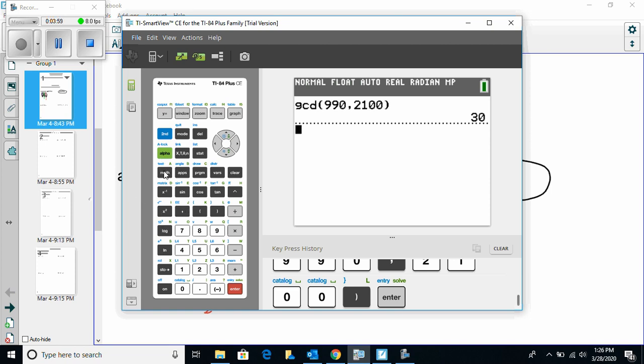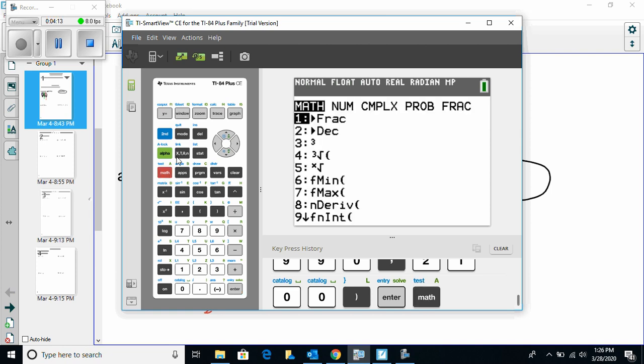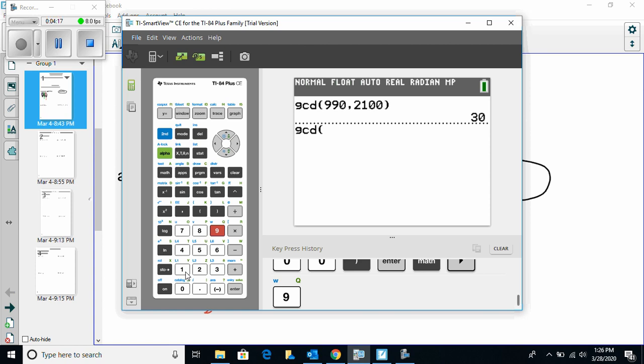So on the first example, numbers 16, 24, and 32, we have a case that we have more than 2 numbers. What we have to do is select math, numbers, number 9, and then the calculator is asking us what are your 2 numbers. So you go 16, 24, and enter.